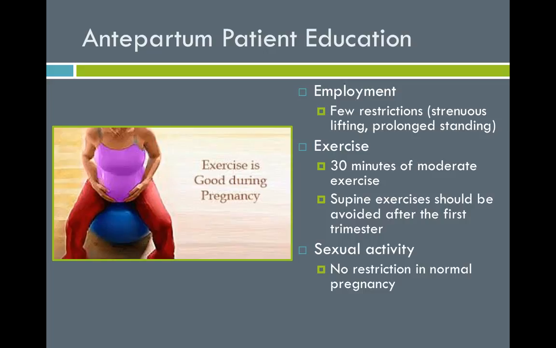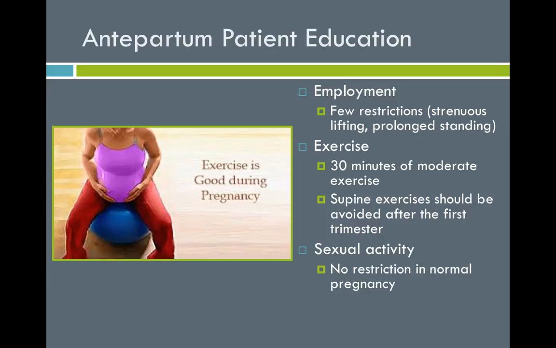But really right up to delivery, the patient can continue a normal exercise routine. Now, this is not the time to start CrossFit, but it is okay to continue. I would modify the weightlifting to some degree, but again, encourage your patient to listen to their body.